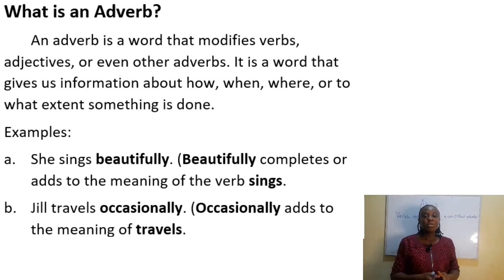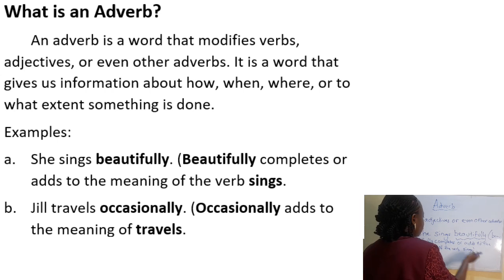It's a word that gives us information about how, when, where, or to what extent something is done. Remember what I said? It gives us more information about how, when, or where, or to what extent an action is done.